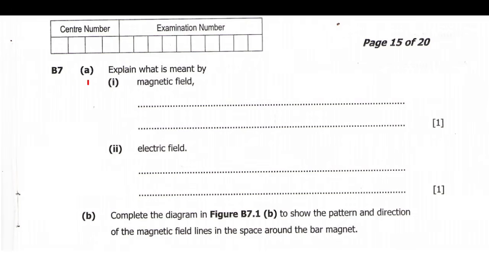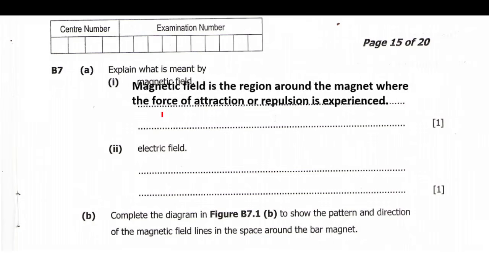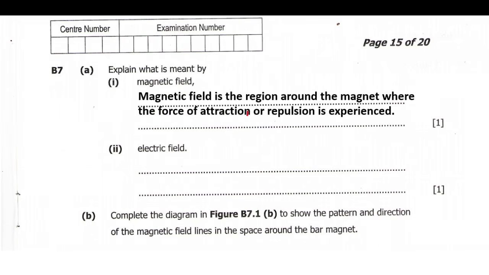Then let's go to B7A, which says, explain what is meant by magnetic field. So a magnetic field is the region around a magnet where the force of attraction or repulsion is experienced.